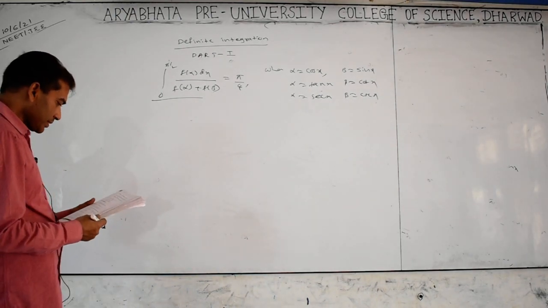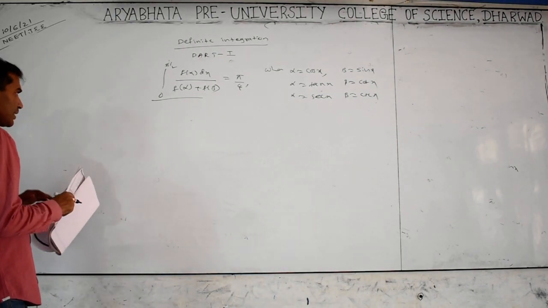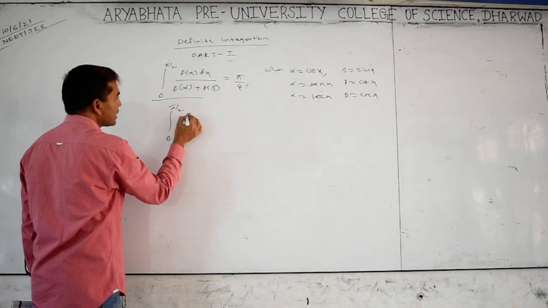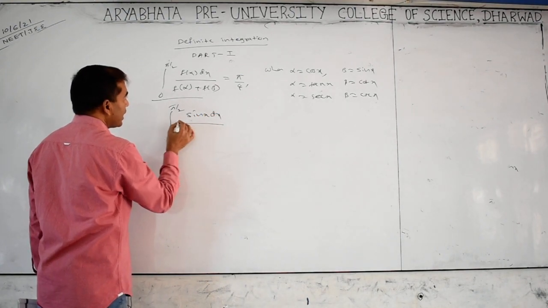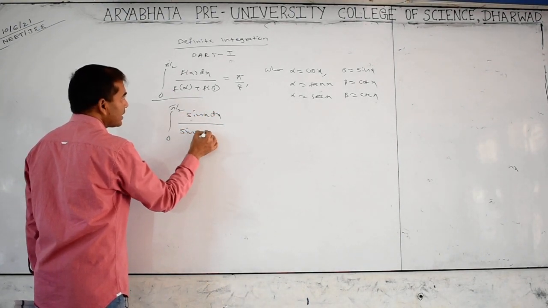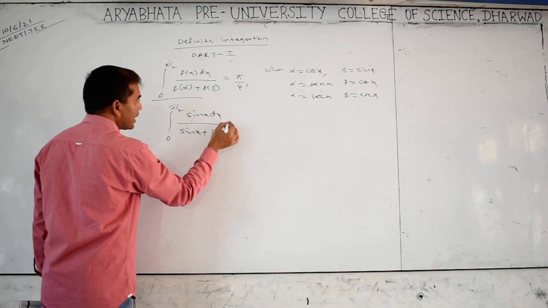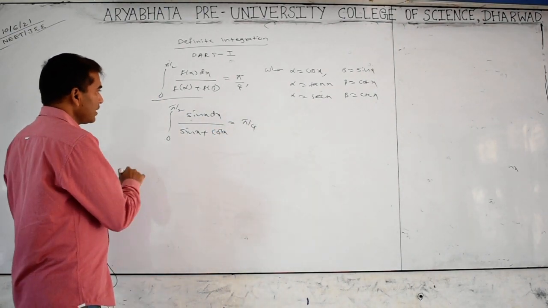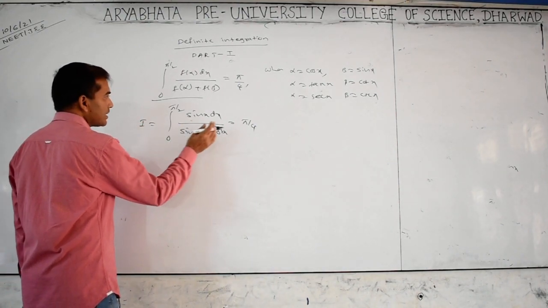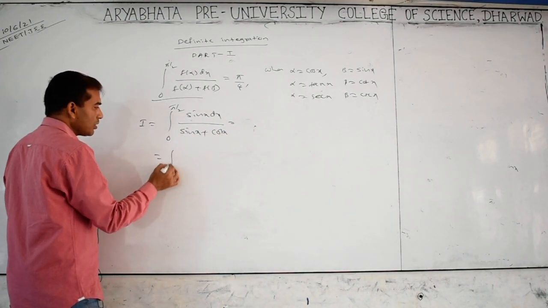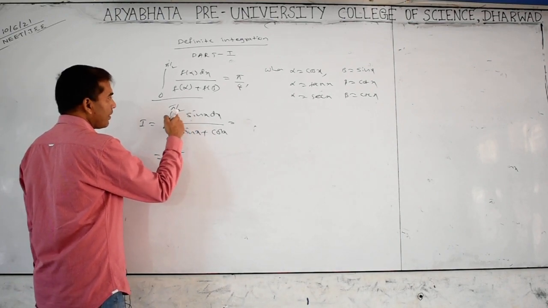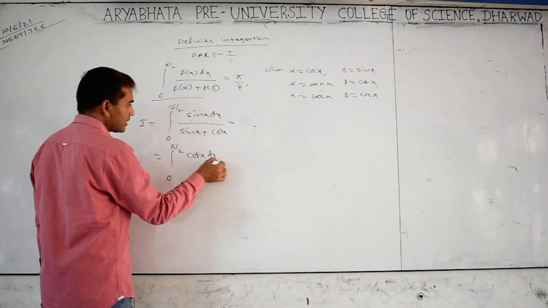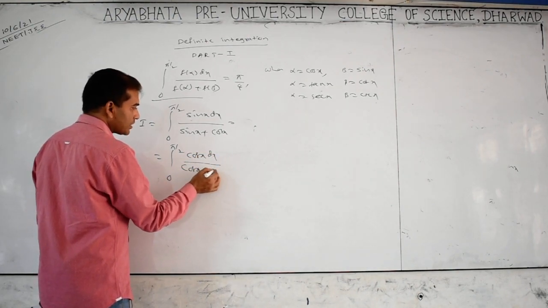One example I am going to discuss here: integration 0 to pi by 2, here sin x dx by, here sin, co-function cos dx. What is the answer? Pi by 4 only. How have we done it? By using property. Let me take this as I, use property 0 to a f of x, in place of x write 90 minus x, and 90 minus x gives cos x by cos x plus sin x.